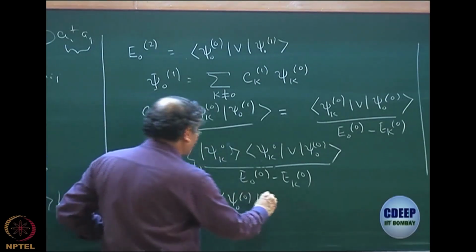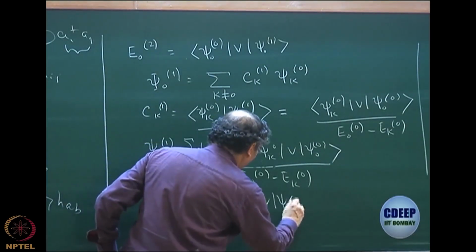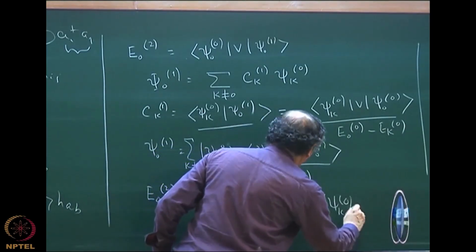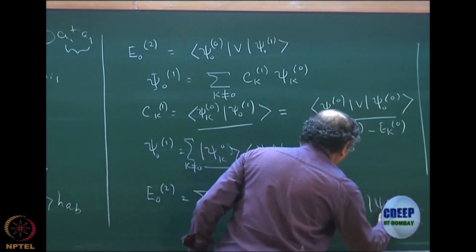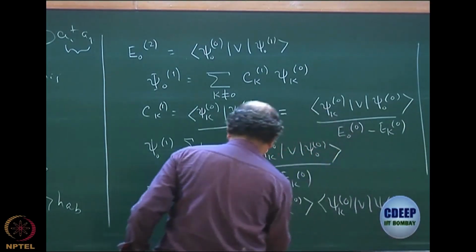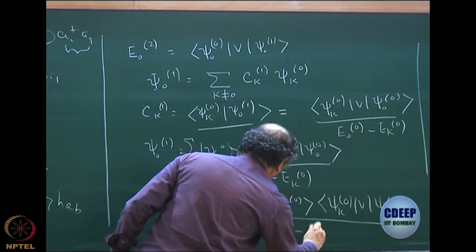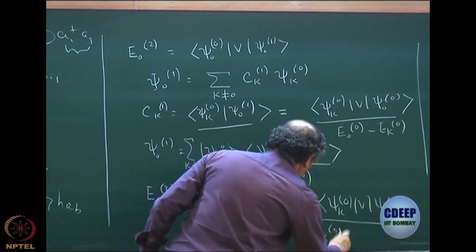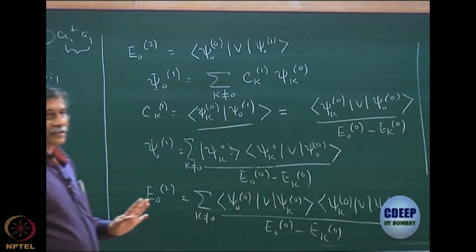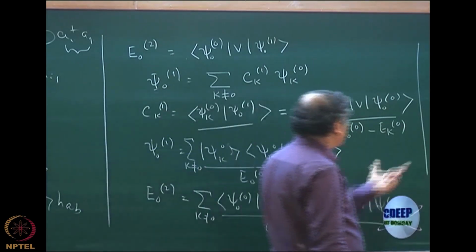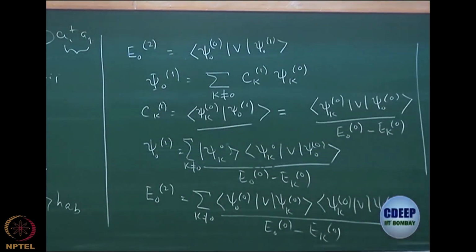So this psi k 0 comes here, and psi k 0 V psi 0 0. For the same reason, K must contain only doubly excited determinants. You have to understand this because later on these quantities will come everywhere.